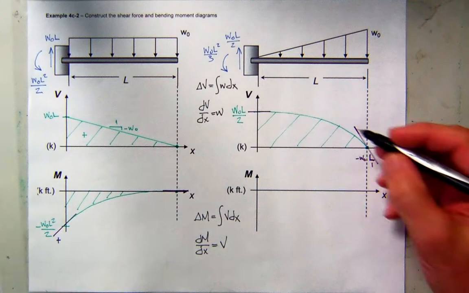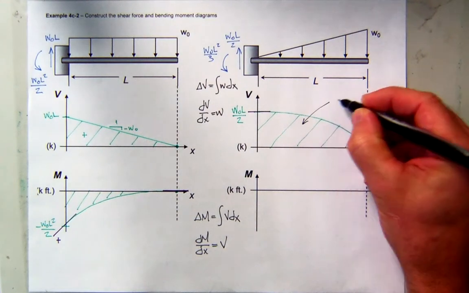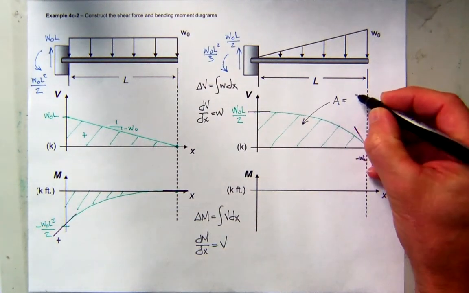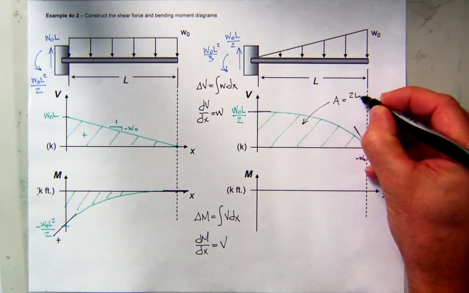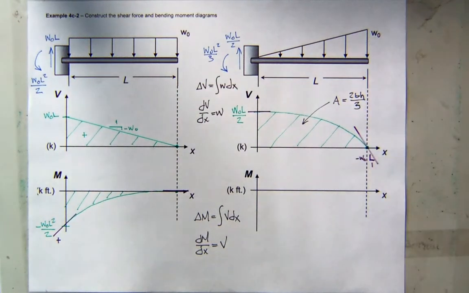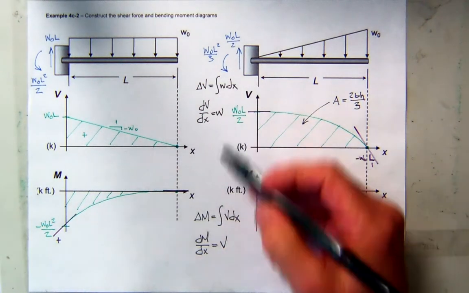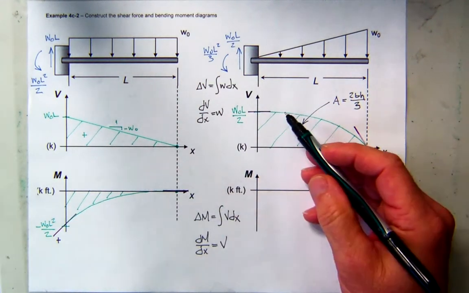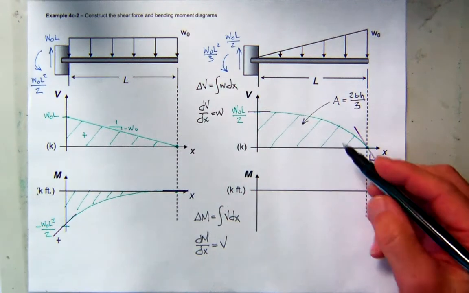So I'm going to see if I can remember that this area is what? 2/3 base times height, right? Yeah. And what is 2/3 of the base times the height? That will be the change in moment, the area of this curve. This is a positive area.